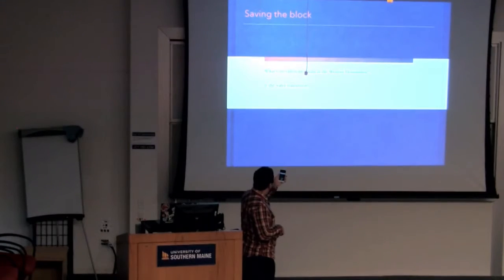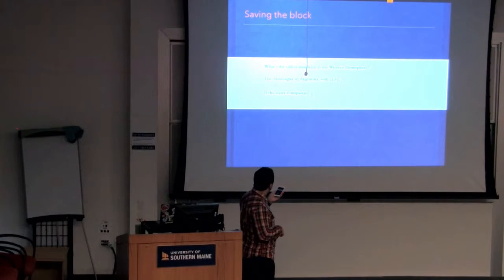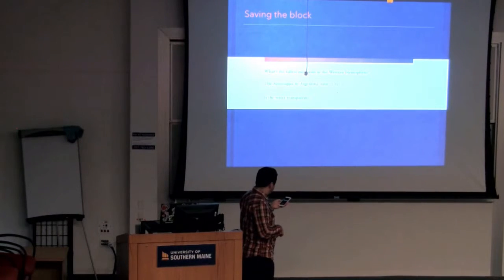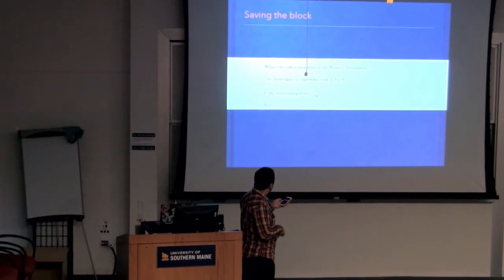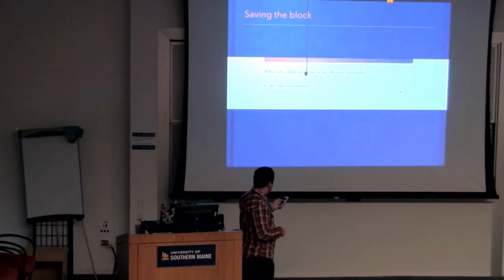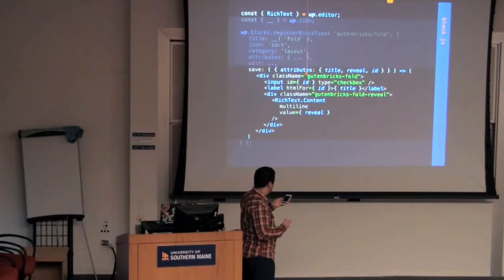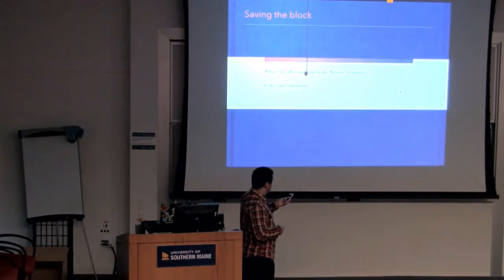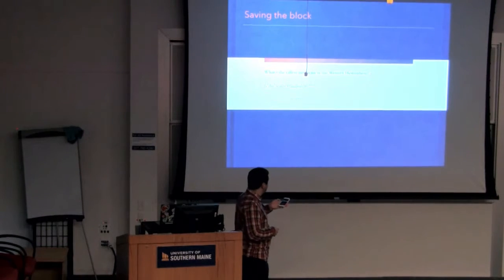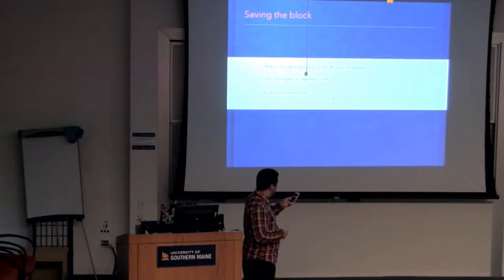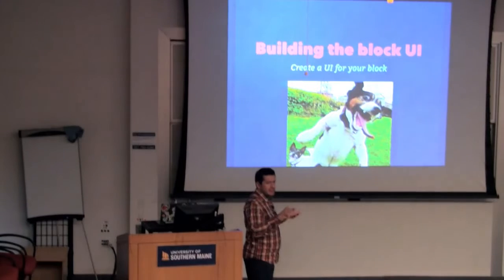So we have the title and the reveal. And when we save this, it will render that toggle or collapsible. So far it is clear, kind of.